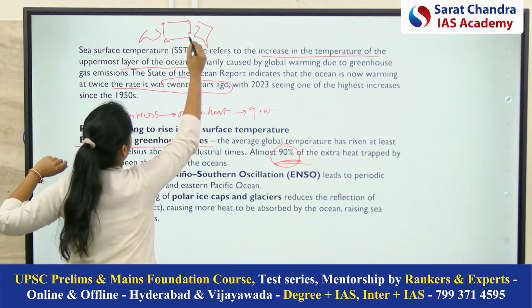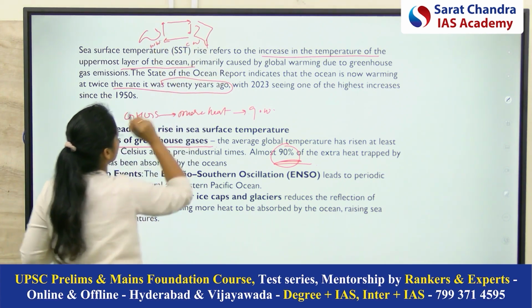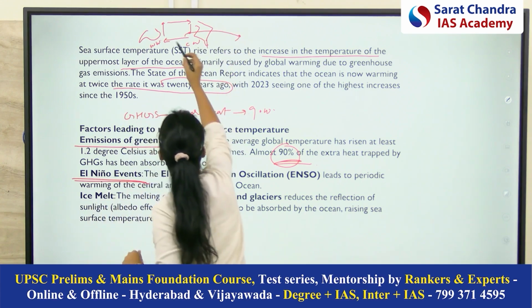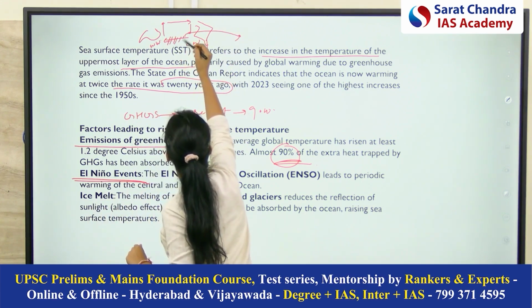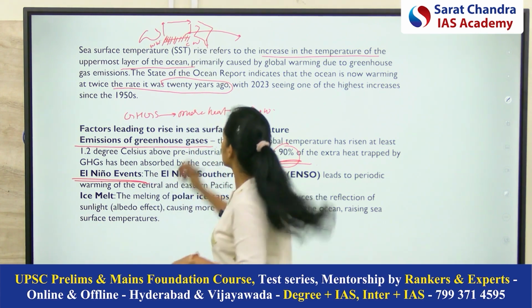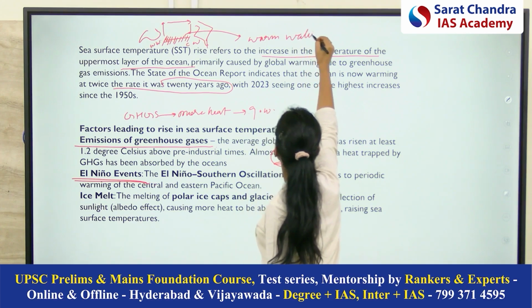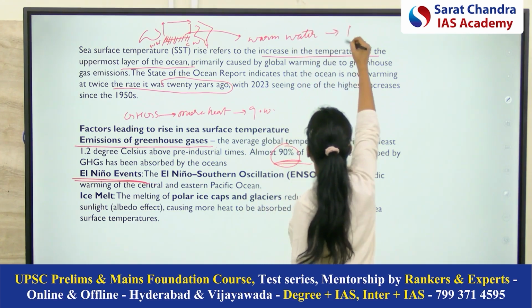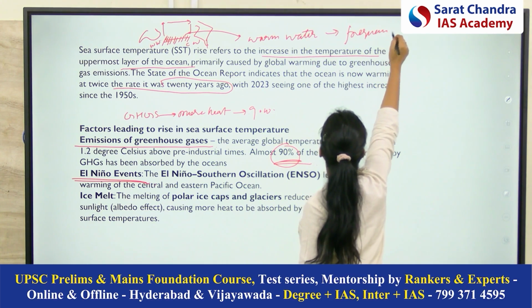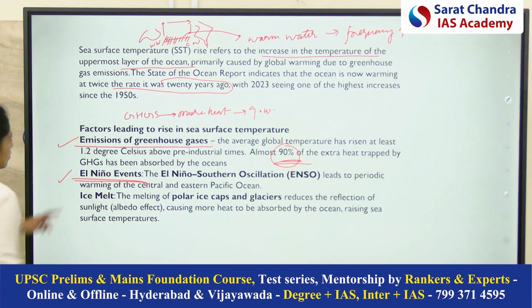See, in normal conditions, here is cold water, here is warm water. But during El Nino condition, warm water will be distributed all over the surface because the Walker cell will become deep. So because of warm water, the frequency of cyclones will increase. Okay, so this is the reason for El Nino.